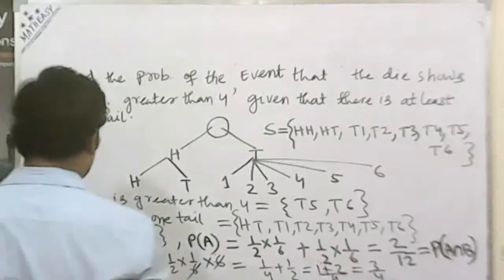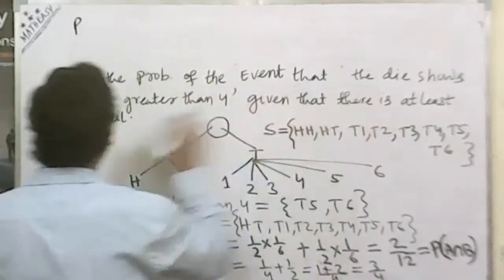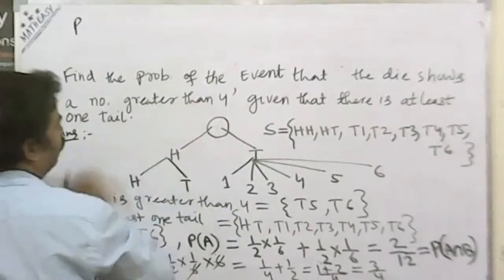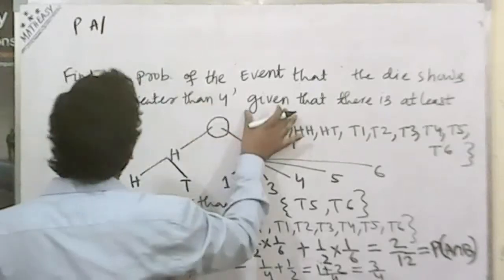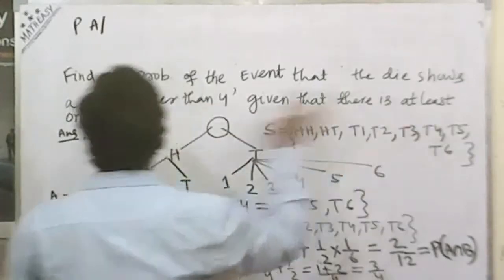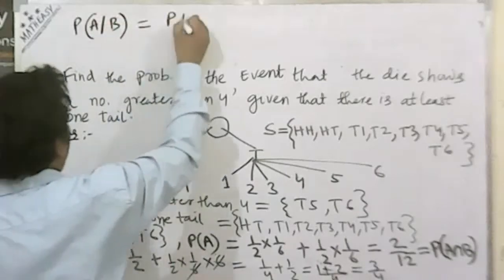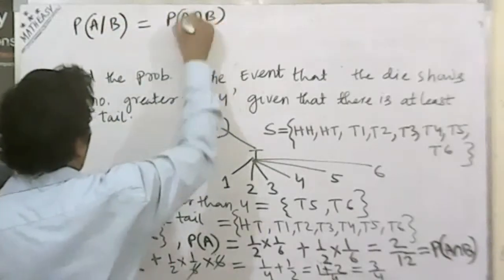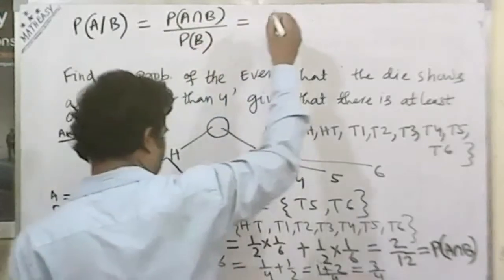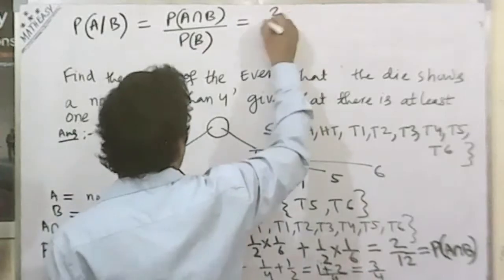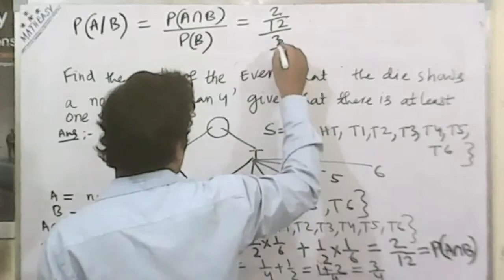Here, find the probability of the event that the die shows a number greater than 4. That means A, given the condition that there is at least one tail, means condition B. That means probability A intersection B by probability B. It means 2 by 12 whole divided by 3 by 4.